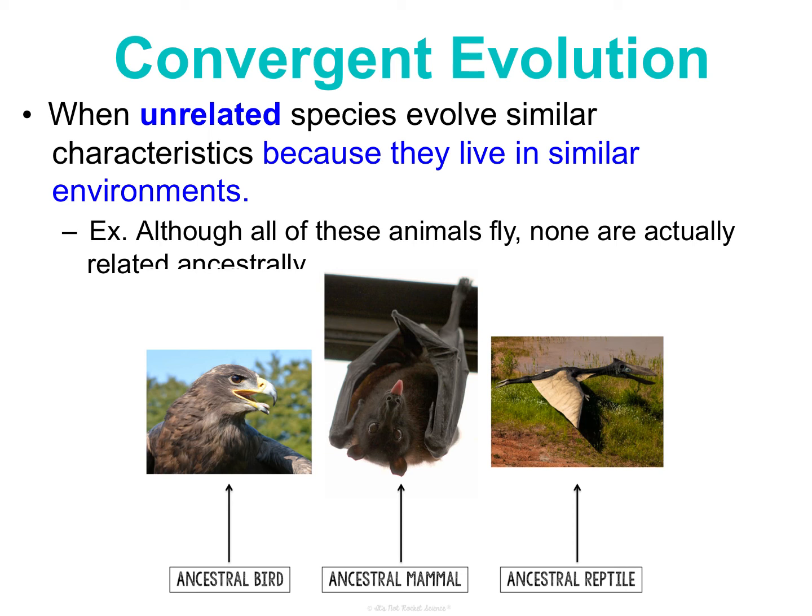The bat is a mammal. And we know that this pterodactyl right here was a reptile. So all of these organisms are completely unrelated to each other, yet they all look very similar, and they are in the same environment, which is through the air. This is an example of convergent evolution.